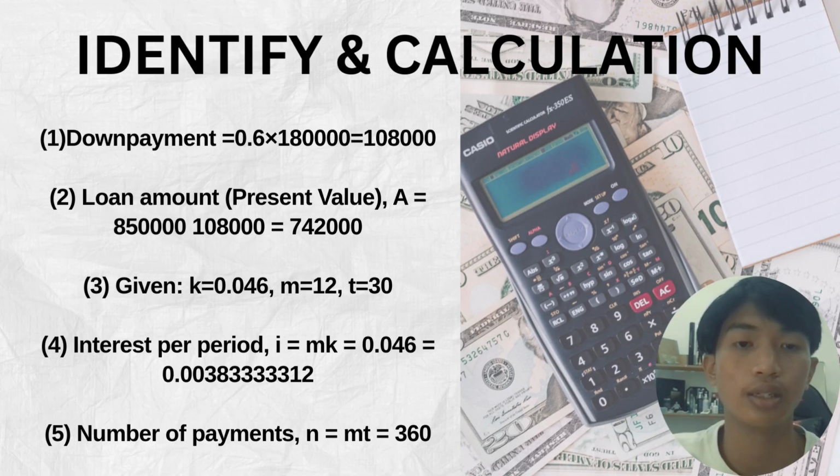Number 4, interest per period. i equals K divided by M equals 0.046 divided by 12 equals 0.0038333. Finally, number of payments. N equals M times T equals 360.